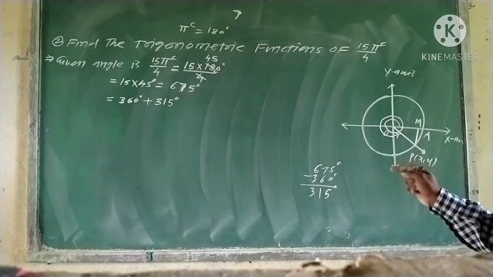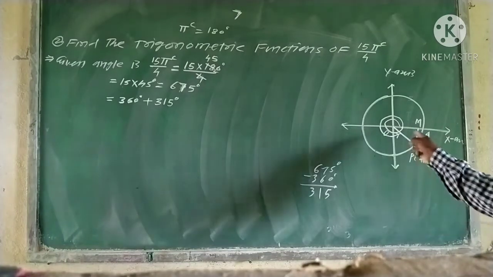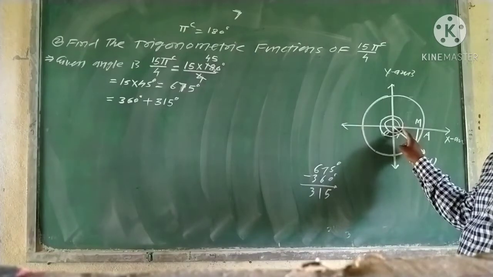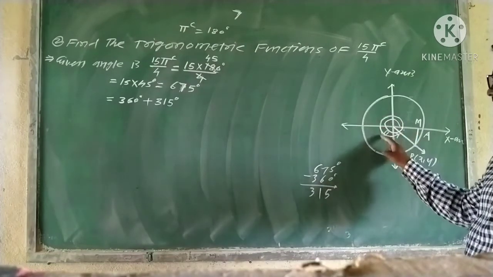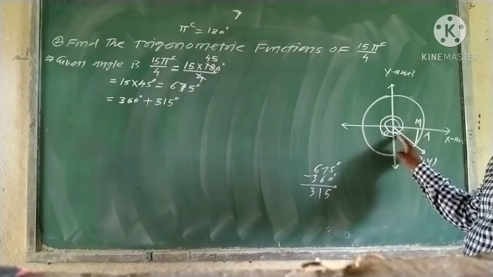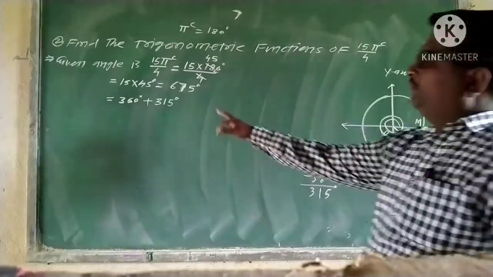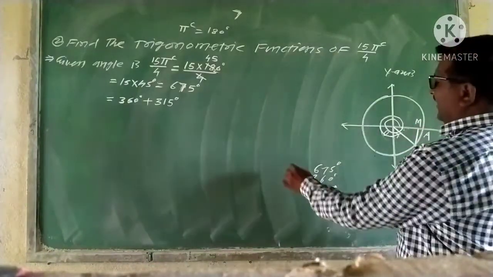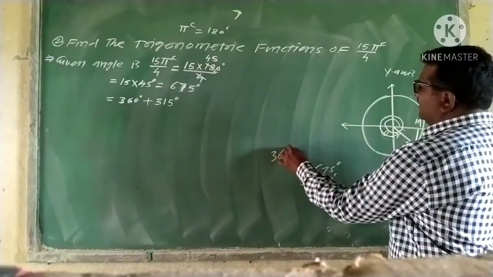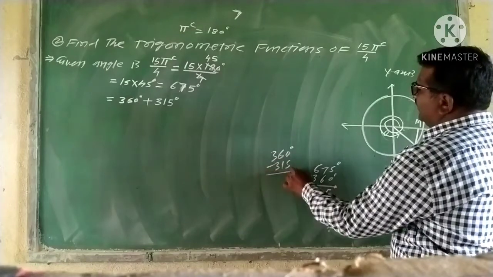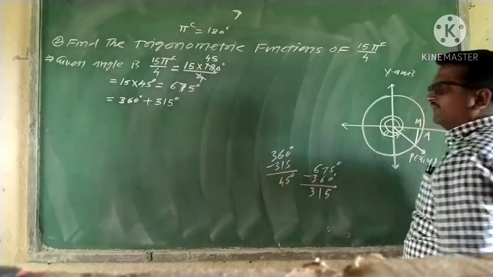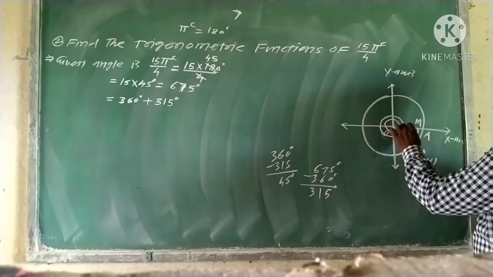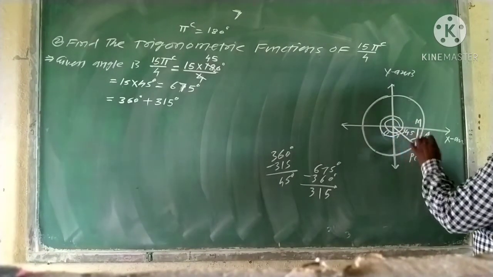We know that in one rotation the angle is 360 degrees. In the second rotation the angle is 315 degrees, so the remaining angle is 360 degrees minus 315 degrees, which is 45 degrees. So this angle is 45 degrees.